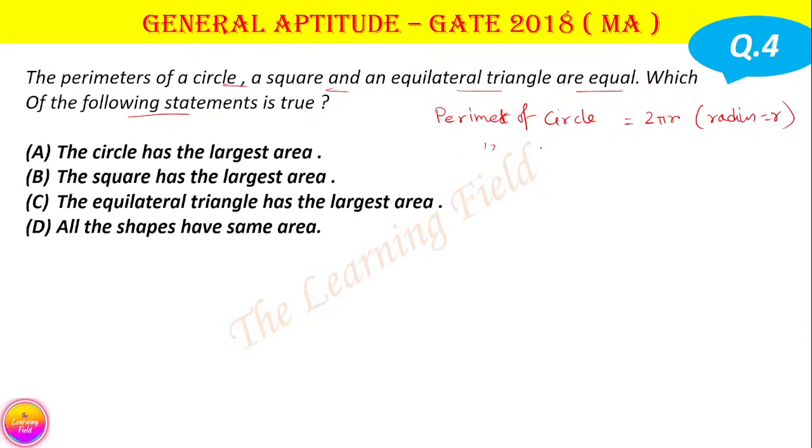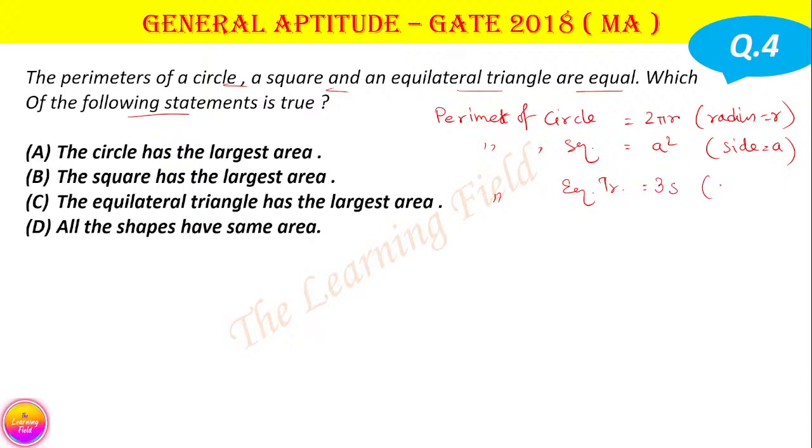Then the perimeter of the square, suppose the side of the square is a. And the perimeter of the equilateral triangle, suppose the side is s, is 3s.